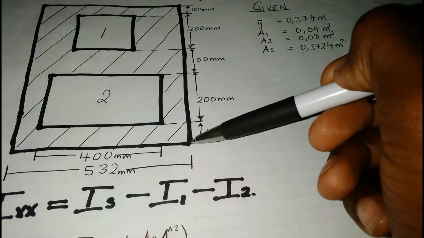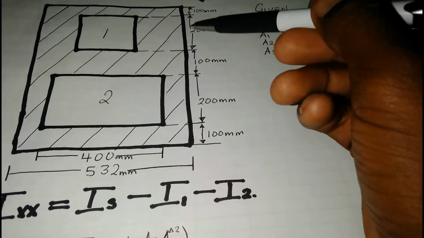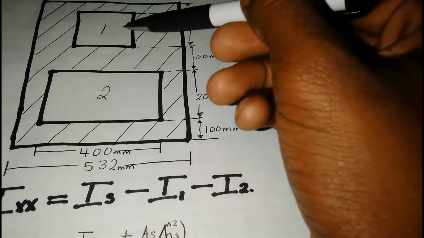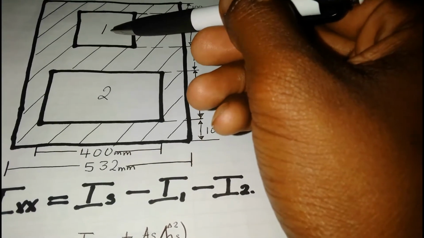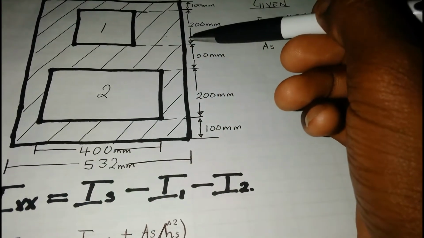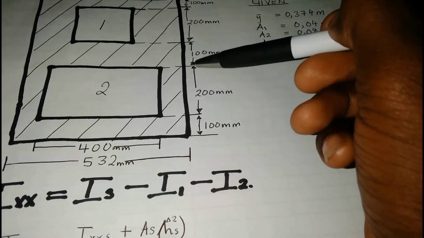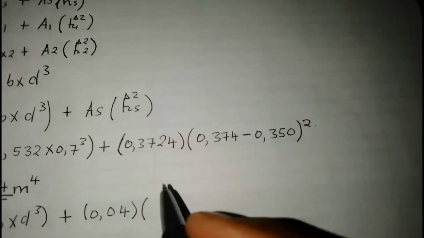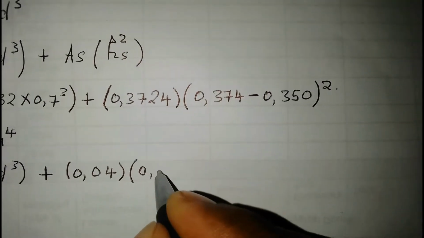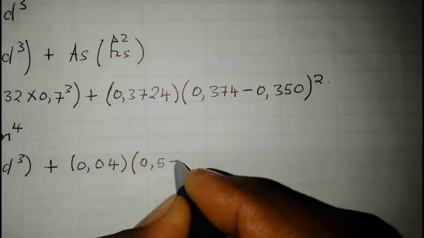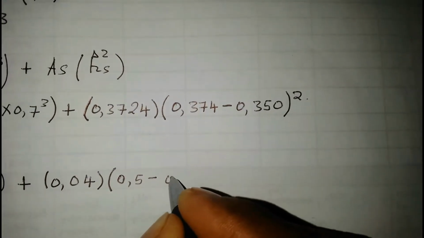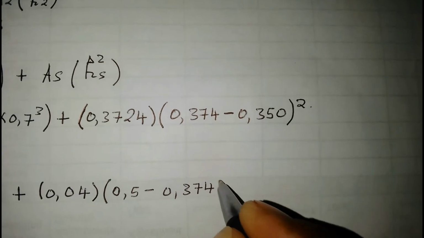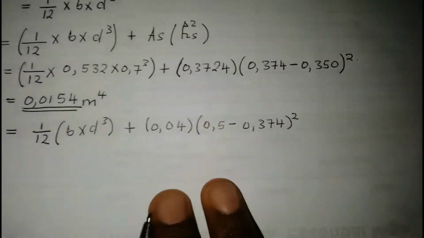From the base to this point, we see that from here to here is 200. 200 divided by 2 is 100, so this is the midpoint for this square. So 100 from here to here, and another 200, 400, 500, so it's 0.5. Subtract now the centroid, 0.374, and we're going to square this one.